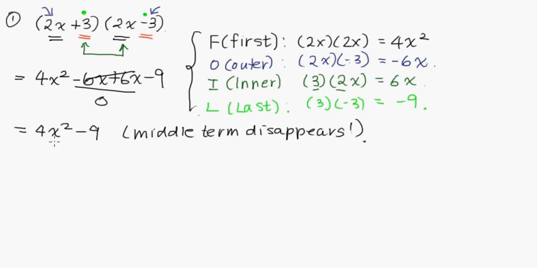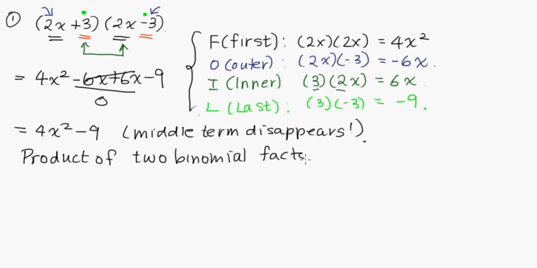So in general, if you have a product of two binomial factors, and you have something of the sort ax plus b times ax minus b, where a and b are constants.